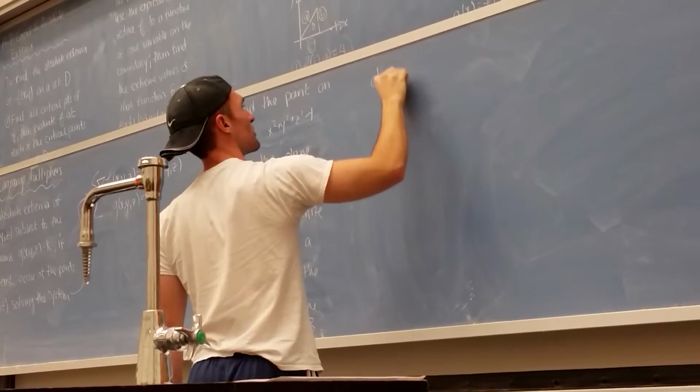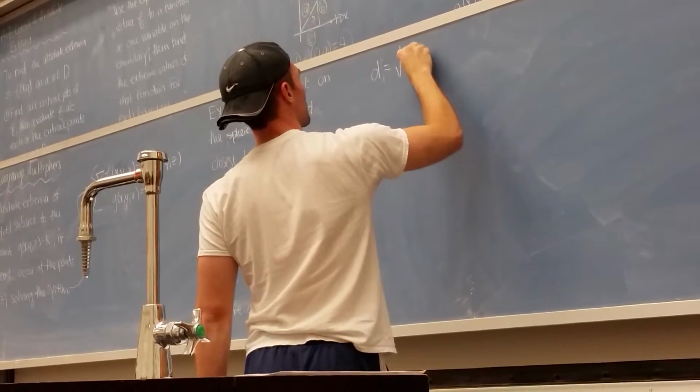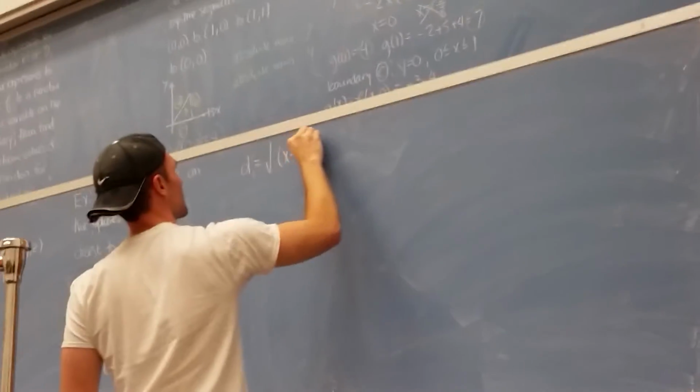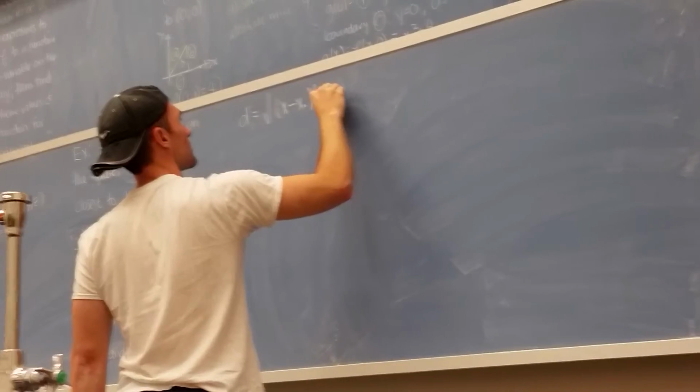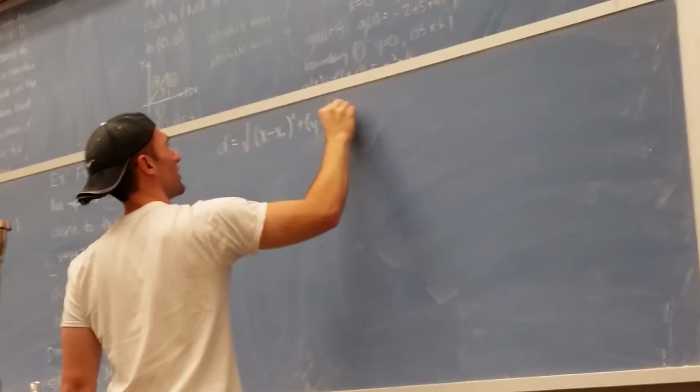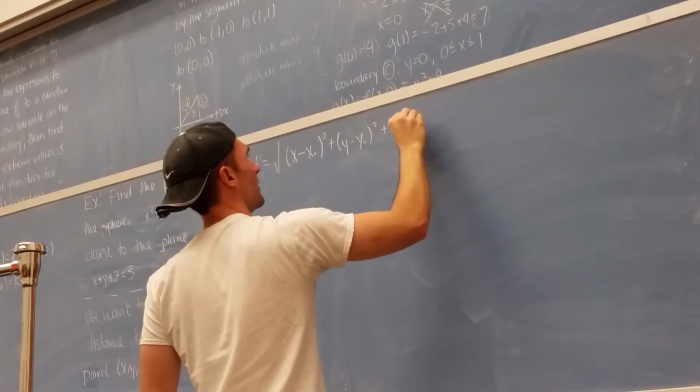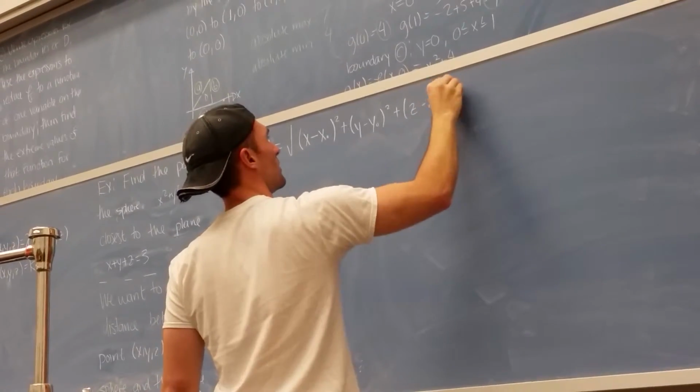So we need to write an expression for distance, and we know that distance looks like the square root of x minus x naught squared plus y minus y naught squared plus z minus z naught squared.